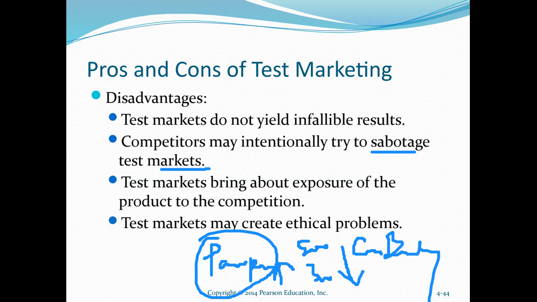The third problem is that test marketing exposes the products to the competitors. Your competitors understand what you are trying to do, and they can imitate and provide the same kind of products. So that's also a vulnerability. The last one is that test markets may create ethical problems, because of the kind of data that you collect.